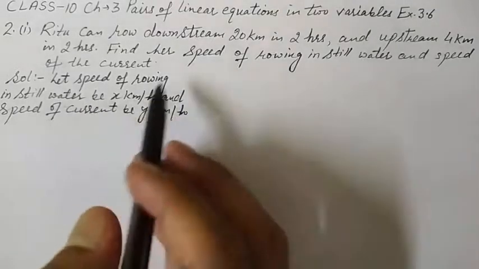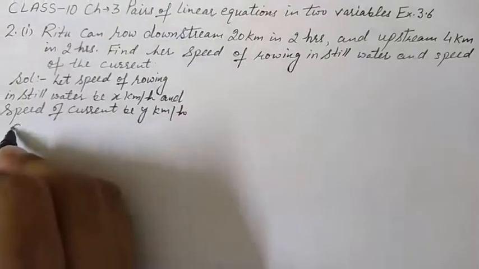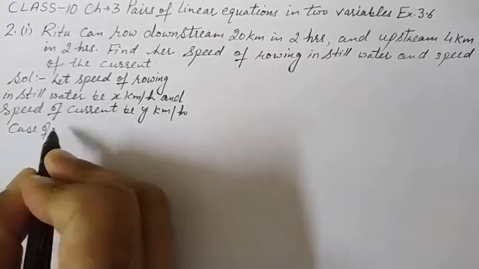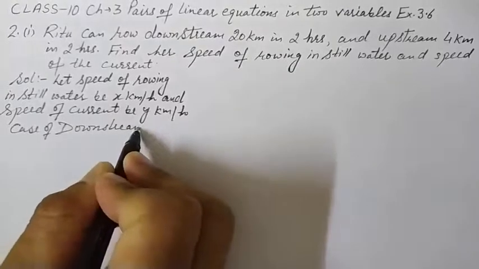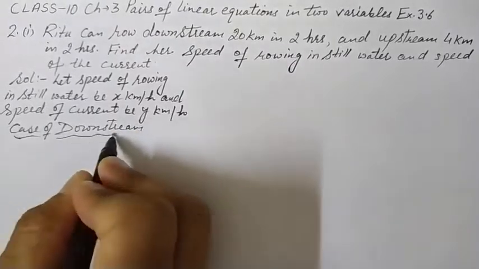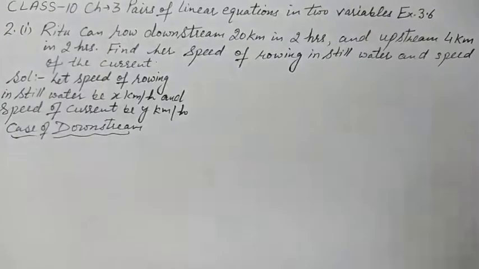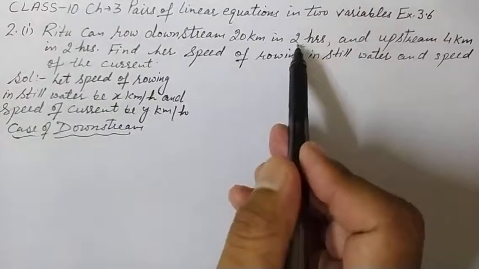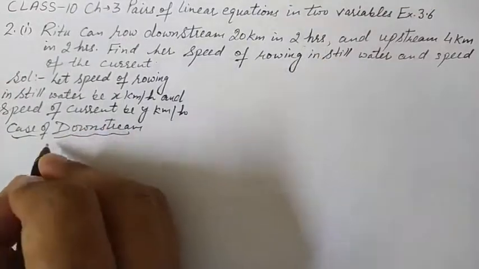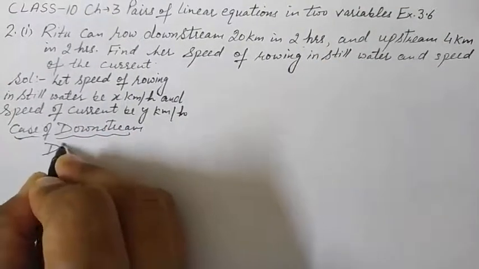So we will have two cases. The first case is the case of downstream. In downstream, 20 kilometers is covered in 2 hours. So first of all we'll write the distance traveled in downstream.